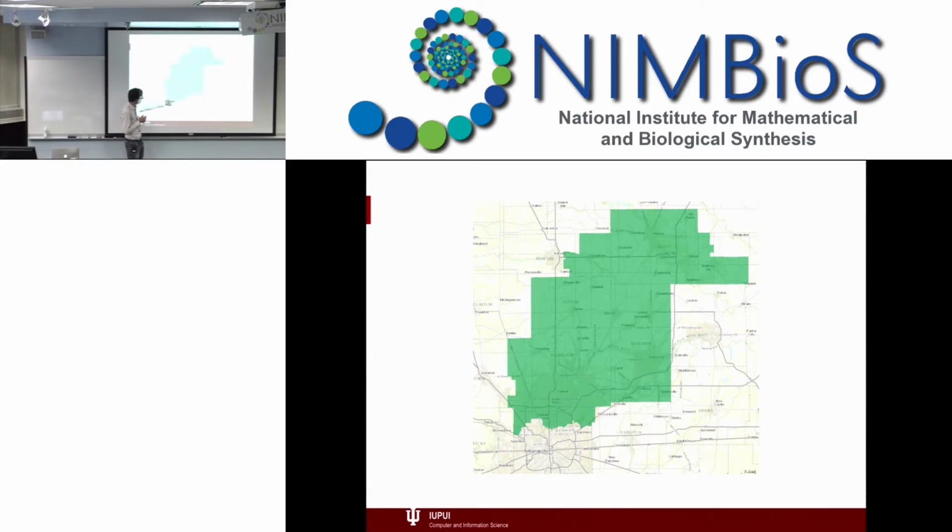There's a bunch of us that are pro-gun reform legislation, but we're lumped in with this huge area, and we have to travel an hour and a half up here to meet with our congresswoman, who's highly regarded by the NRA. And this is a gerrymandering problem, right? And mathematics has a lot to say about this.